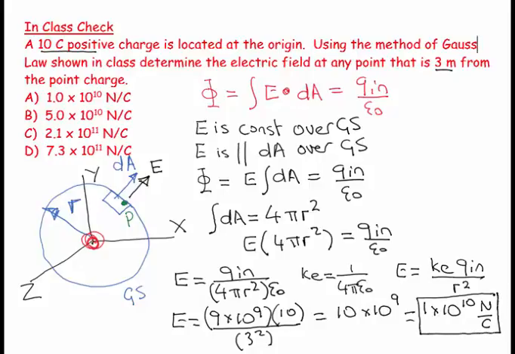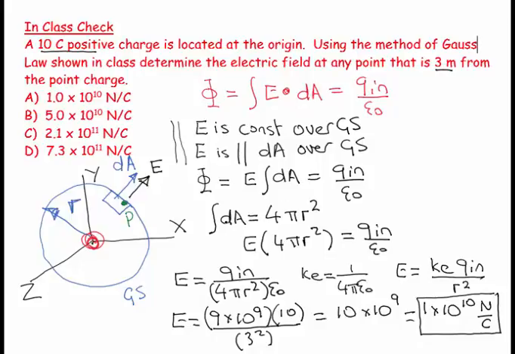So on a test, when I say using the method of Gauss's law as shown in class, this is what I'm looking for. I'm looking for a good diagram. I'm looking for Gauss's law to be stated. I'm looking for good justifications for making the mathematical transition, justify taking E outside, justify that dot product not having to have an angle inside it.